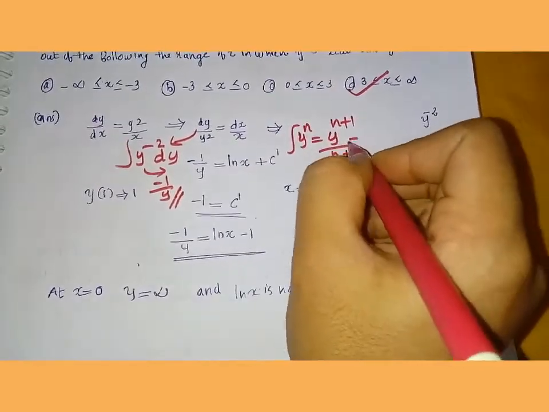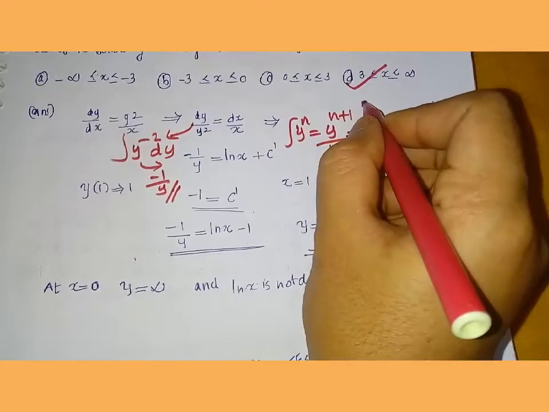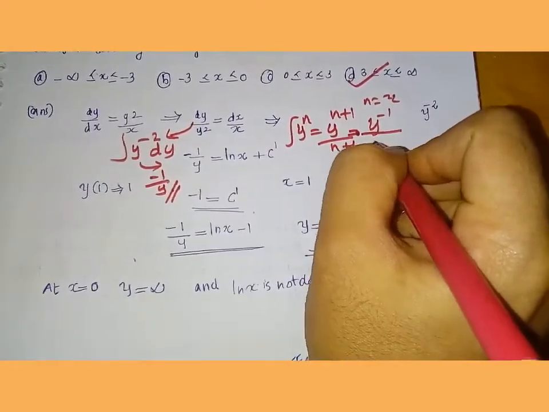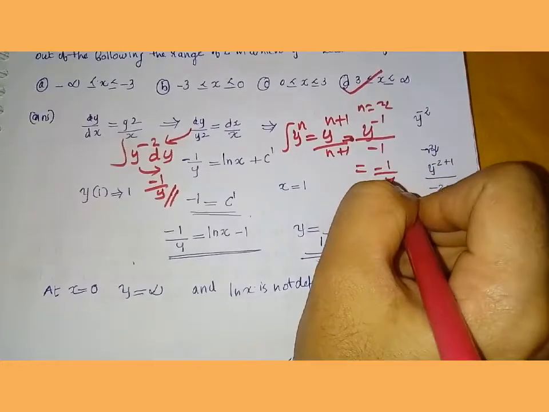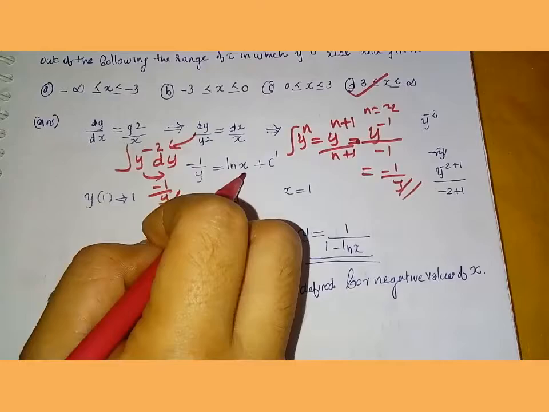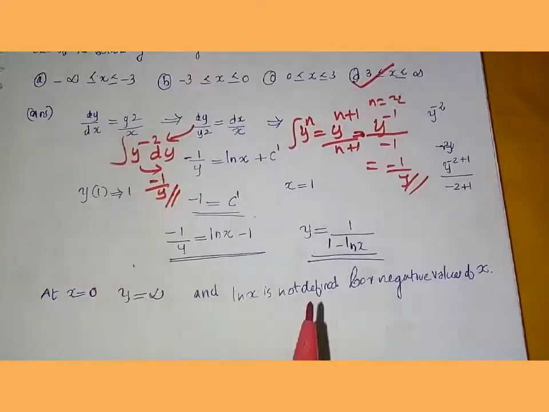Here n is minus 2, so we get y raised to minus 1 by minus 1, that is minus 1 by y. That is equal to integral of 1 by x, that is log x plus c dash, the integration constant.